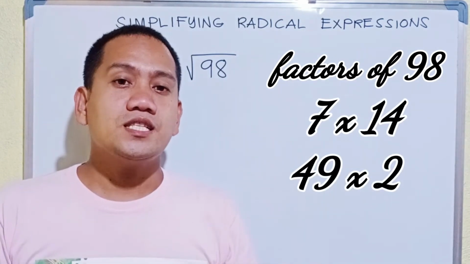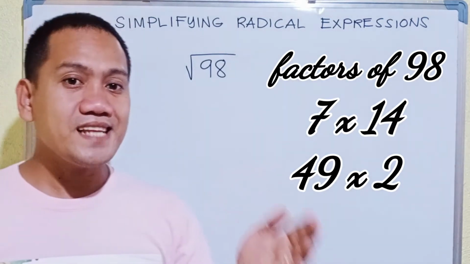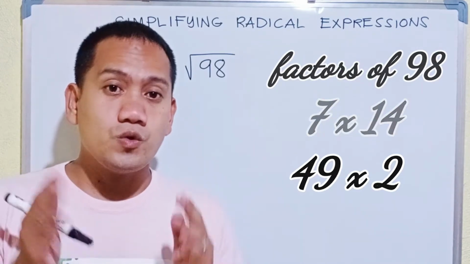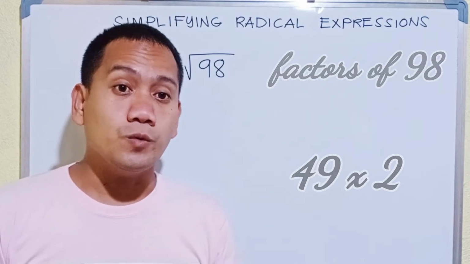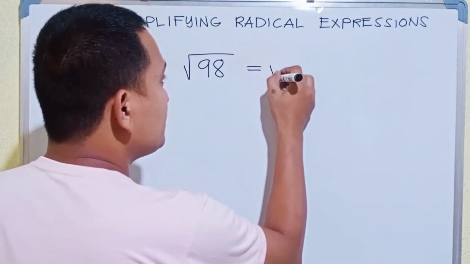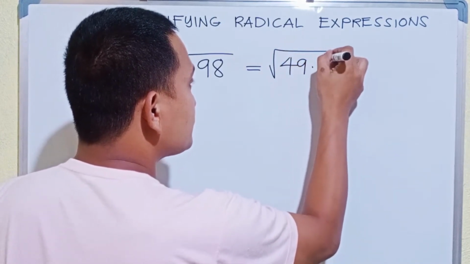But which between these two will be used to simplify our radical expression? So 7 and 14 don't have a perfect square. So we will use the second pair, which is 49 times 2. So square root of 98 can be written as the product of factors 49 times 2.